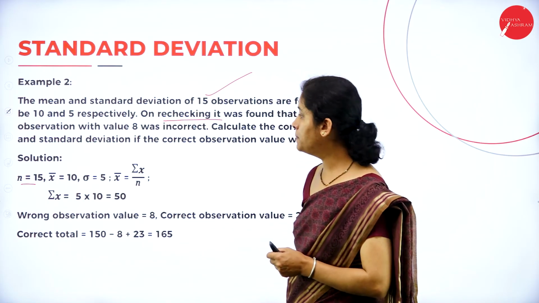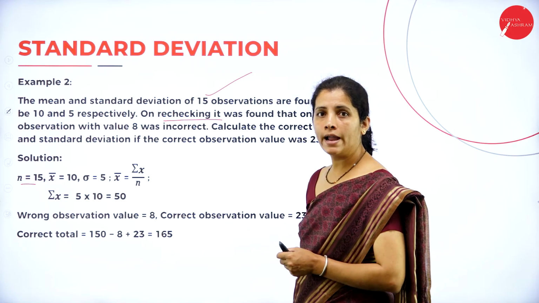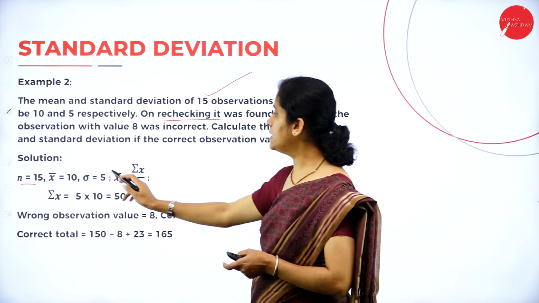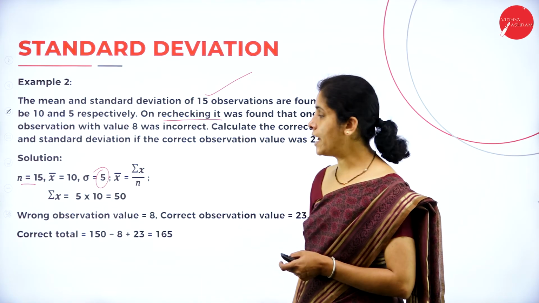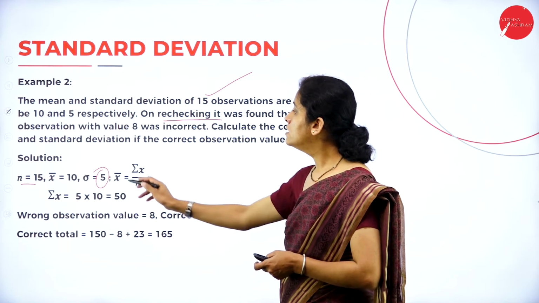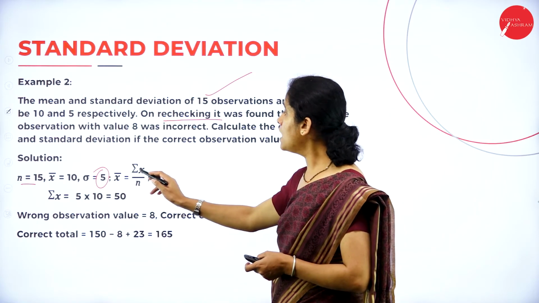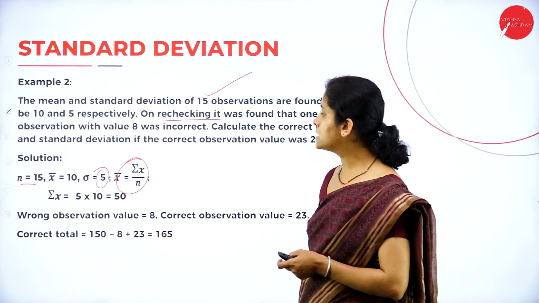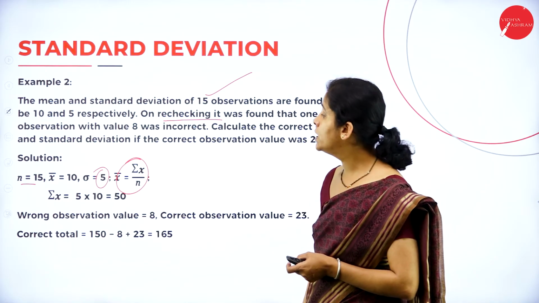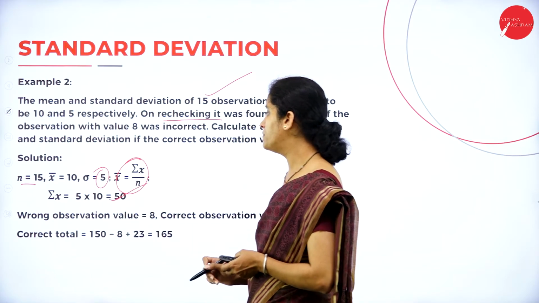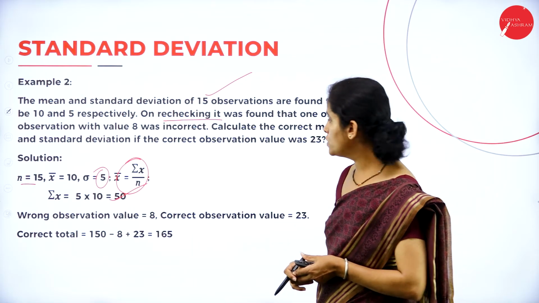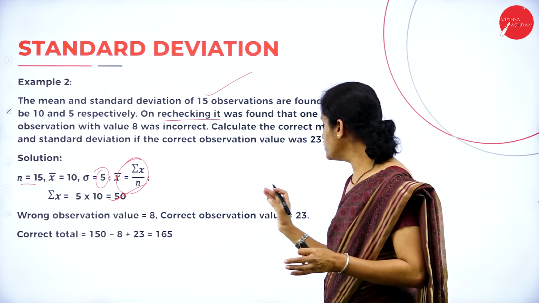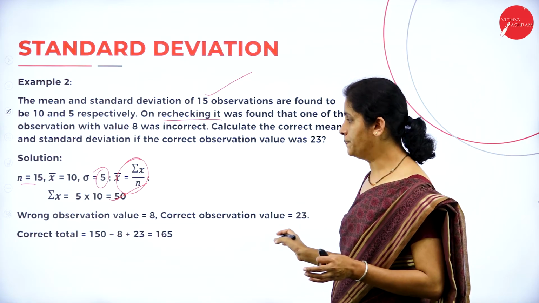N is nothing but 15, mean is nothing but 10, and standard deviation is nothing but 5. So here sigma x by n is nothing but my mean. So sigma x is nothing but 15 into 10, it is 150. Wrong observation value is 8. So the correct observation value is 23.